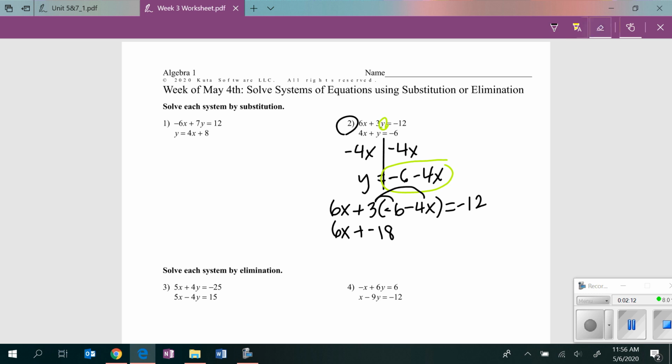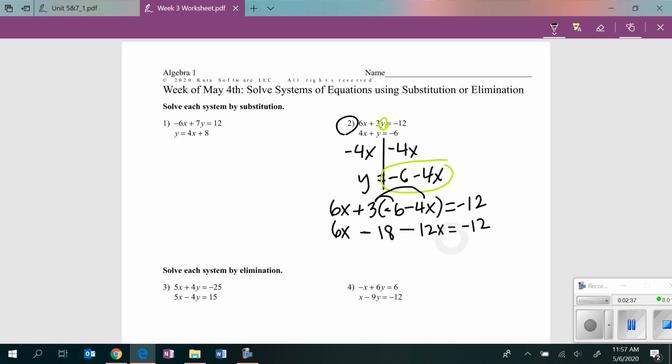So when we plus a negative, it's really just minusing that 18. I'm going to replace that with a minus 18, and 3 times 4, but we've got a -4, so minusing 12x equals -12. Now I just go ahead, combine like terms, and move my 18 over to solve for x.